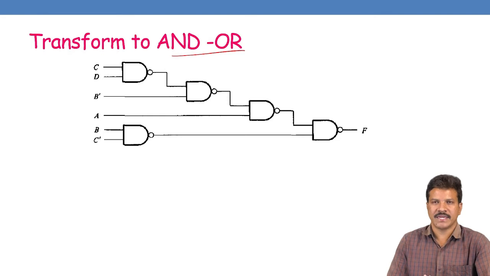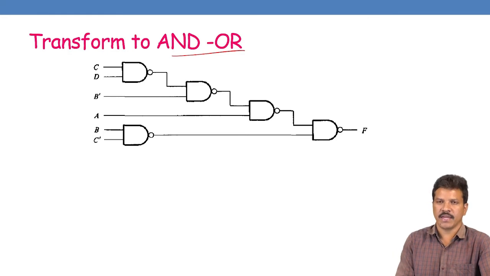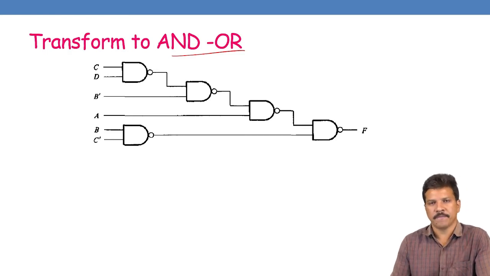There are two ways to represent this. One way is by using Boolean De Morgan's expression. Take the Boolean expression for this NAND diagram, and then each NAND diagram can be converted into AND-OR-inverter using De Morgan's theorem.